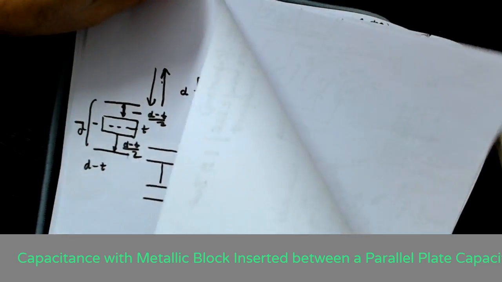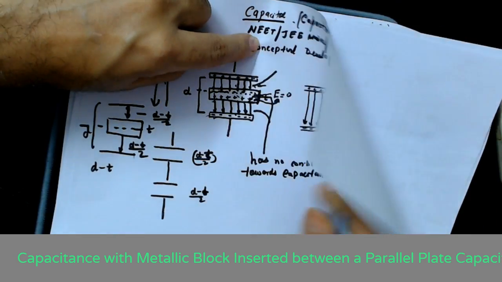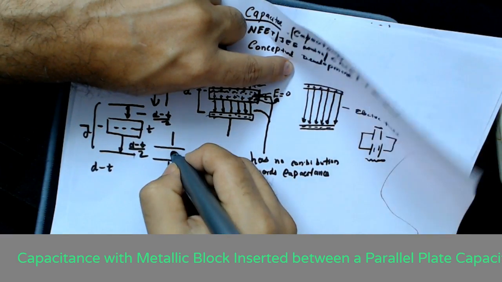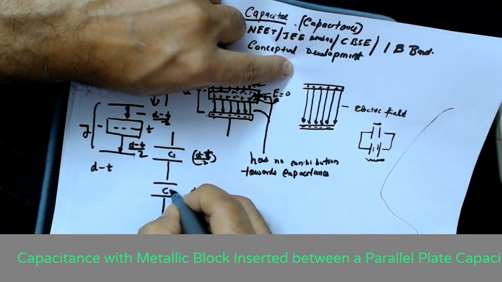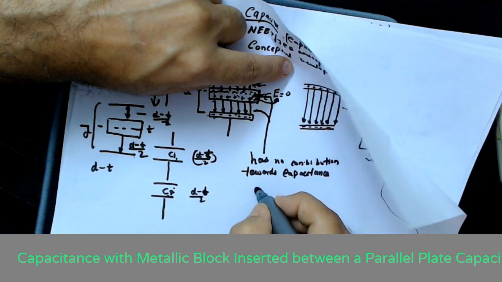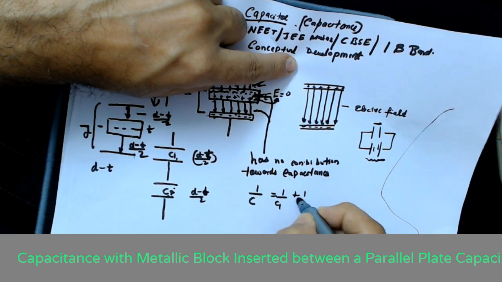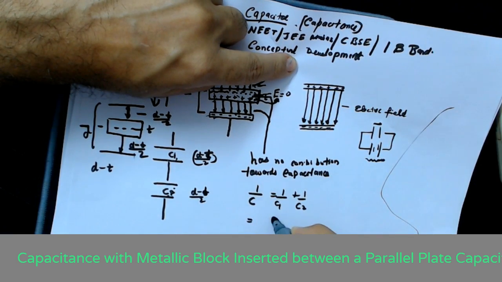So what you essentially have is two capacitors, capacitance number 1 and capacitance number 2. These two are connected in series now. And this becomes 1 by C is equal to 1 by C1 plus 1 by C2.